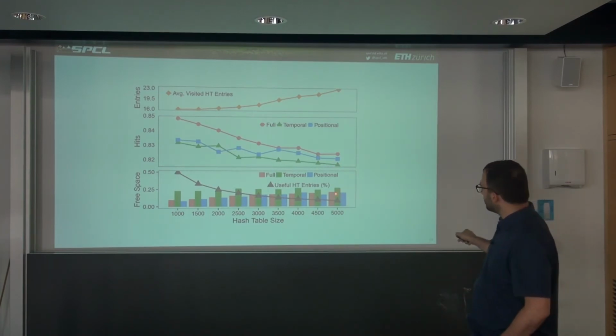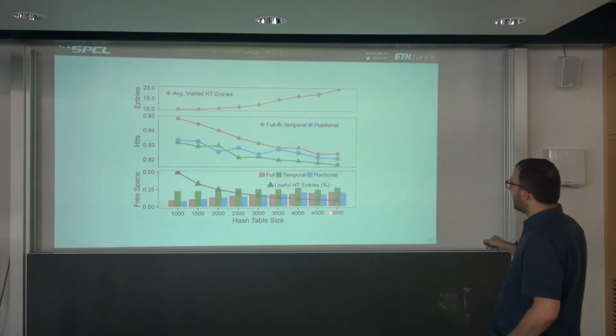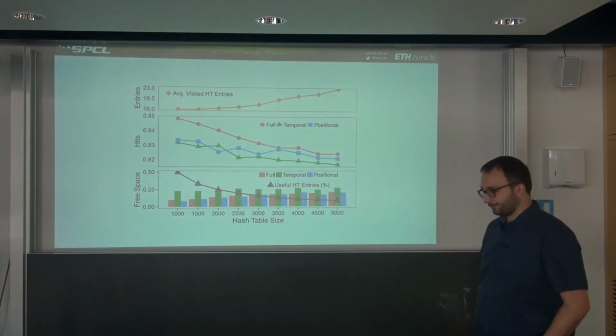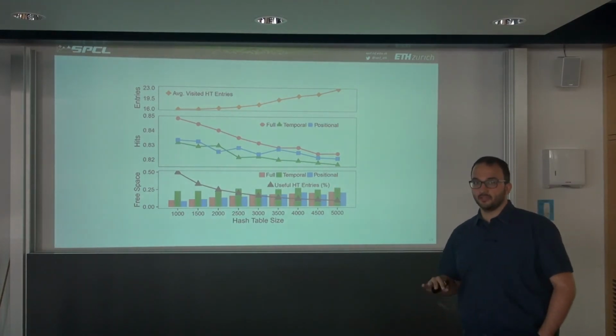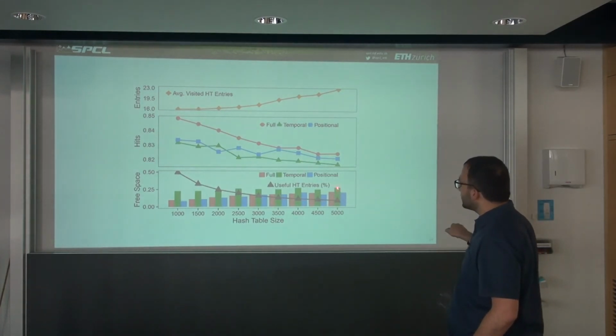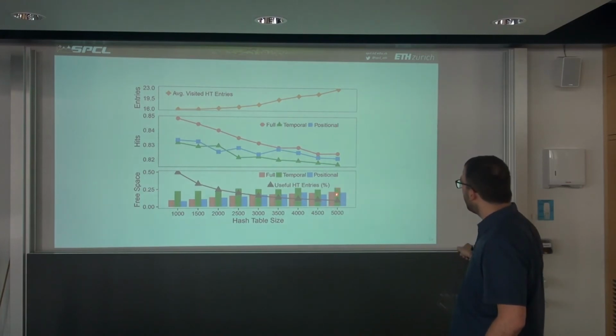positional score. Also here we have the fraction of free space, and we see that temporal, that is just the LRU-like, so doesn't consider the external fragmentation problem, has a higher fraction of free space because of the external fragmentation itself, while we can lower this free space.